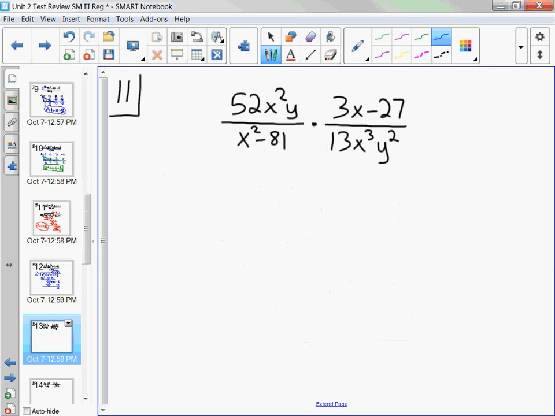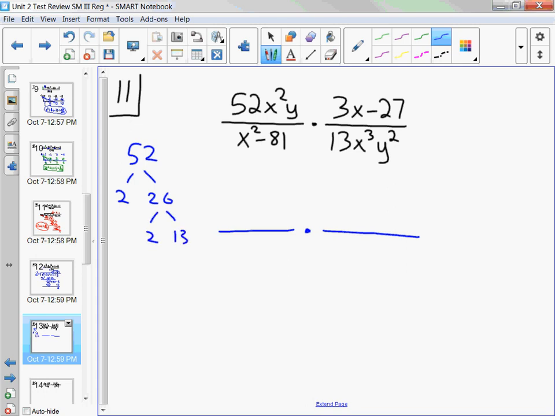Okay, problem number 11 is multiply and simplify. Probably the best thing to do right here is to factor each one of these expressions. 52 we could break down into 2 times 26, and 26 we can break down into 2 times 13.